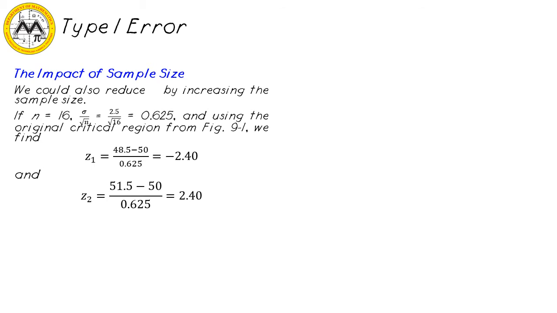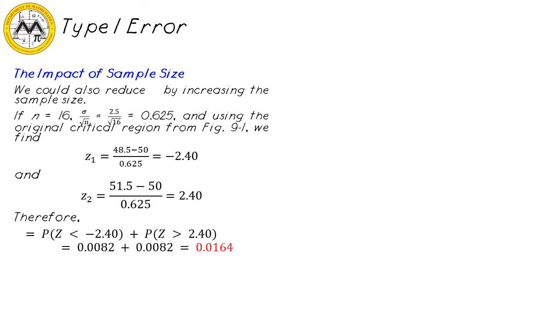If we increase the sample size from 10, we make it 16. So the resulting sigma over square root of n would be 0.625. So the computed values of z1 and z2 would be negative 2.4 and positive 2.4 respectively. So if we are going to solve for alpha, that would be the probability of z less than negative 2.4 plus the probability of z greater than 2.4.